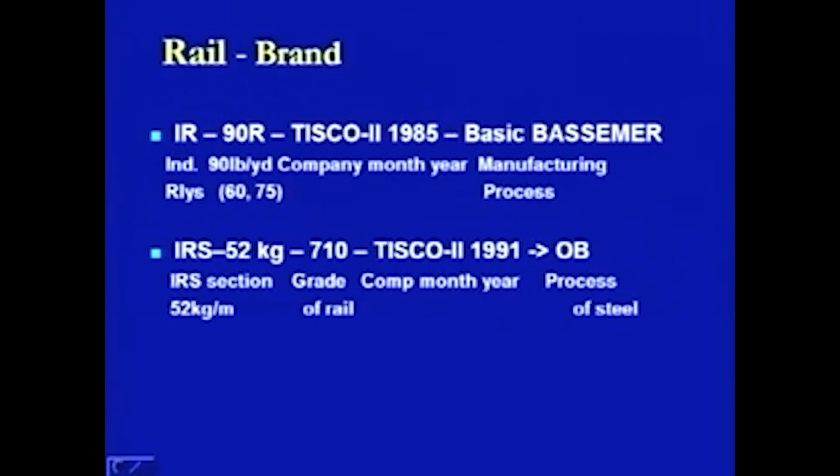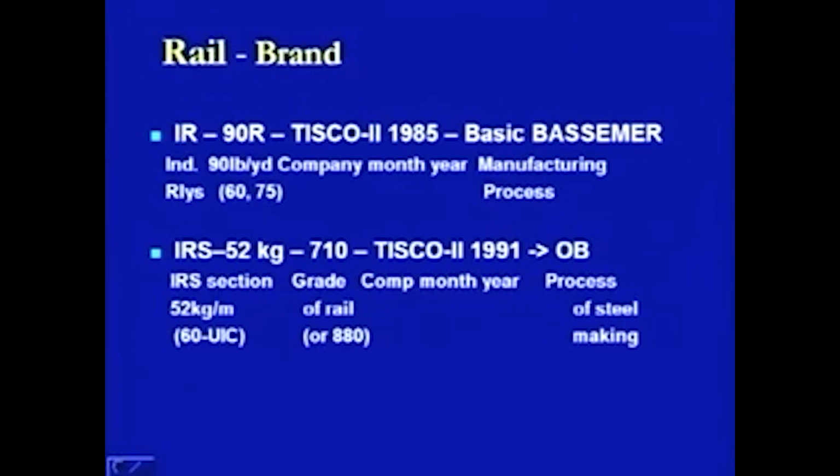There are two grades of the rail, one is 710, the other is 880 grade. TISCO is again the name of the company, 2 again stands for the month, and 1991 stands for the year, and it says that it is processed by the process OB. OB is the short form of ordinary Bessemer process of steel making.